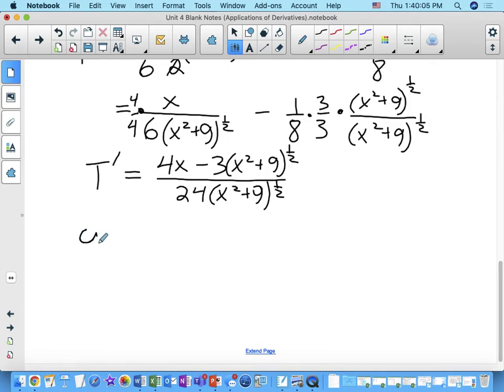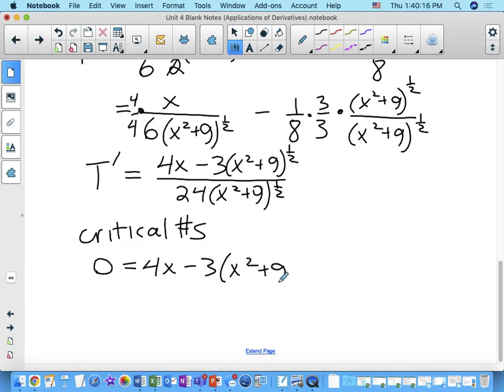So to get the critical numbers, I just have to set the numerator equal to 0. Okay, and maybe I'll bring this piece over here.